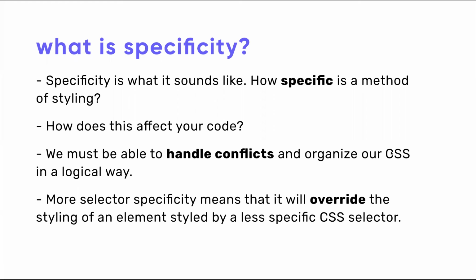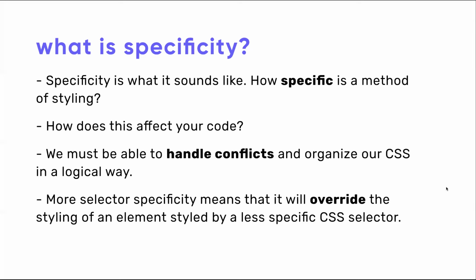And the number just describes how specific the selector is. You'll see several examples soon, but a higher specificity number means that it'll override the styling of another element that is styled by a less specific CSS selector. So a higher specificity always overrides a lower specificity.